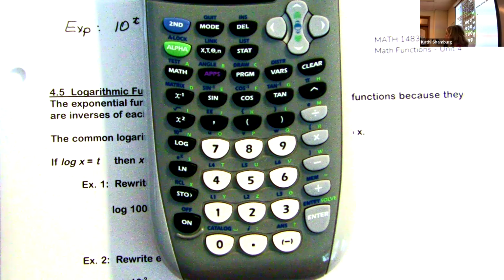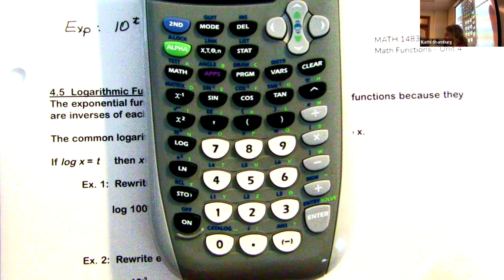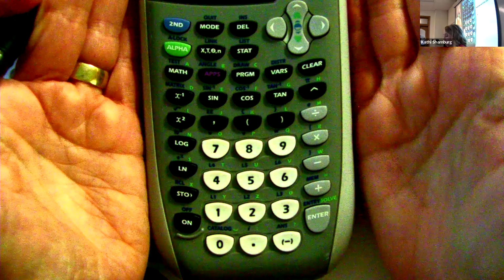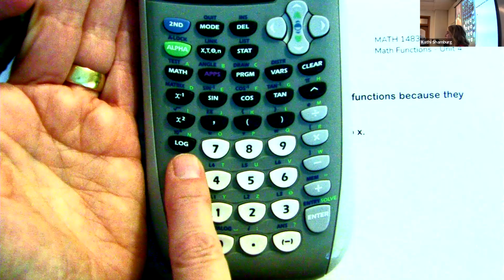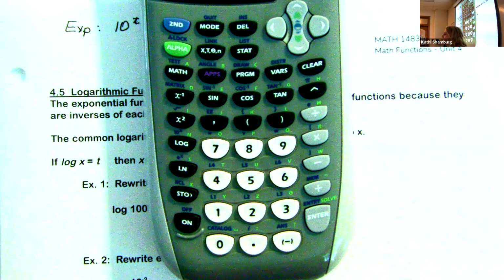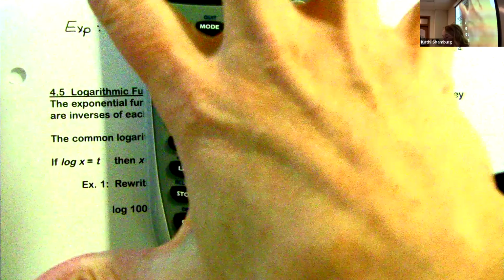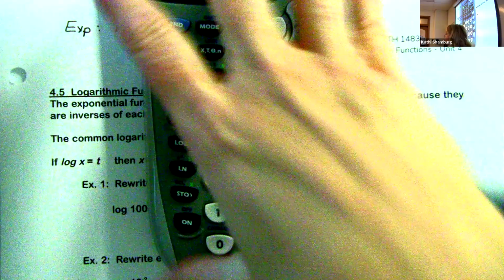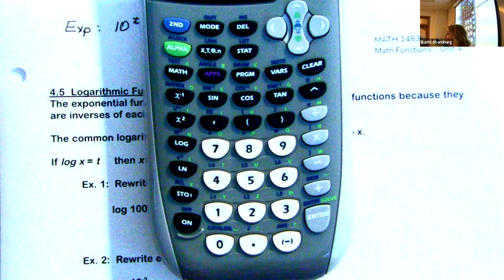So they can be lots of different things. For purposes of this class, this button here is not for all different bases. Does anybody know the general base for a log equation? 10 is correct. So good job. So in the calculator, when it says log, that means it's base 10.